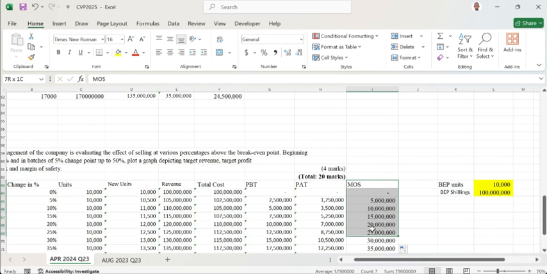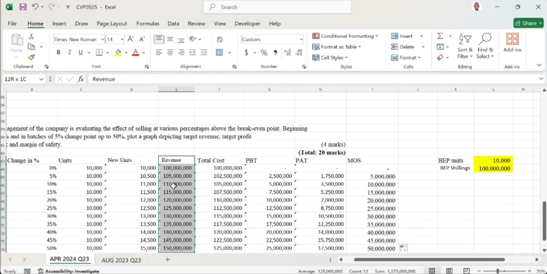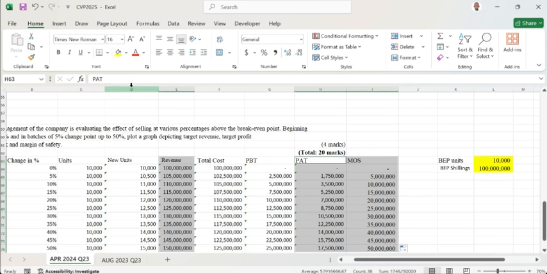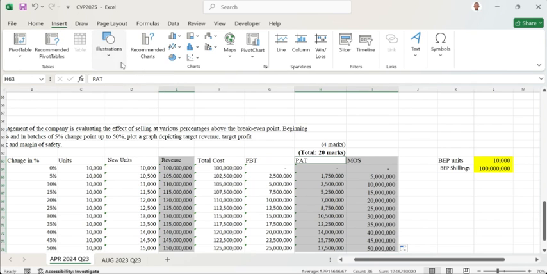Alternatively, unaweza andika 100 million. Then we just lock it, because it should remain to be the constant. Then I drag it, like that.